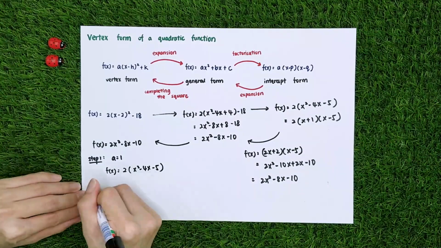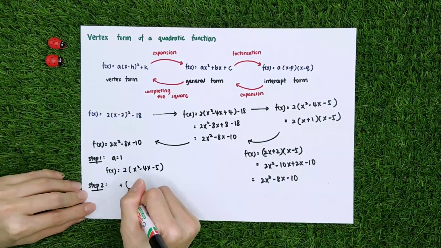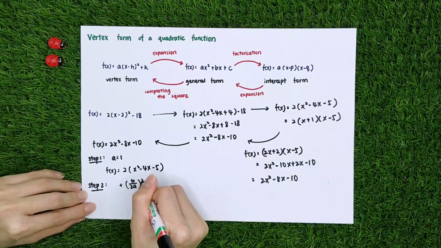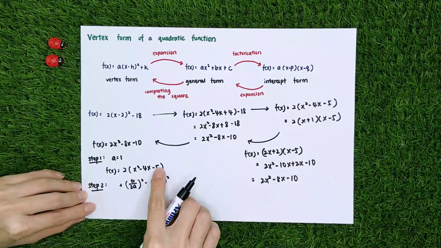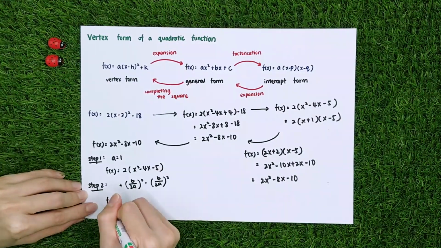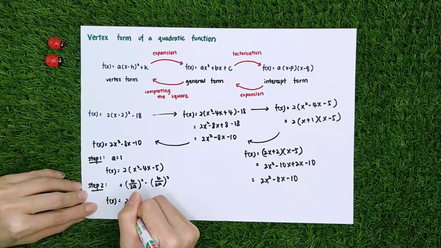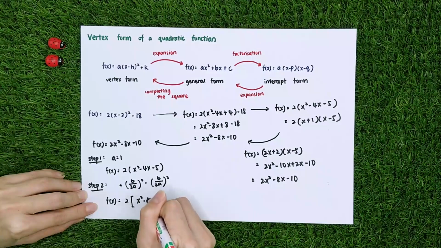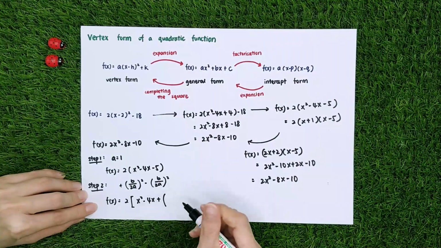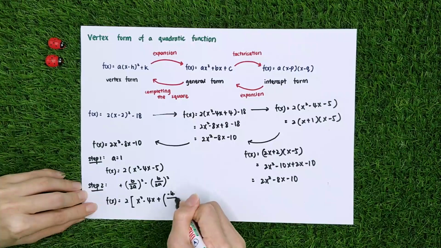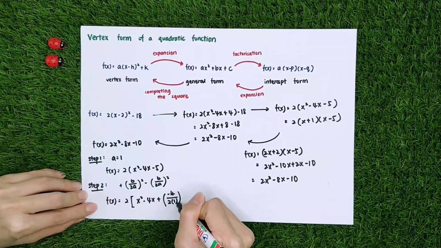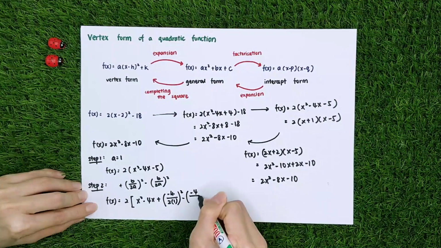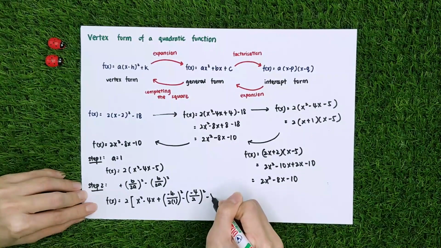Okay, then the second step, I will plus (b over 2a) squared minus (b over 2a) squared in this quadratic function. Okay, so I will get my quadratic function as 2 times (x squared minus 4x plus (coefficient b, minus 4 over 2a, is equal to 1) squared minus (4 over 2) squared minus 5).